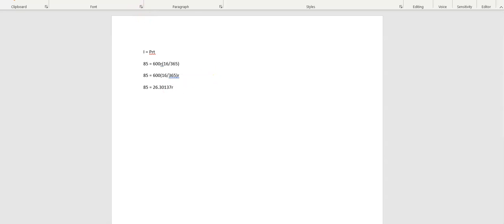Let's solve this equation. Let's remember from algebra that to solve for a variable when we have multiplication times the variable, we just divide this number out. We're going to have to do it on both sides, of course. Kind of messy, and I might be a little limited in room on the left.